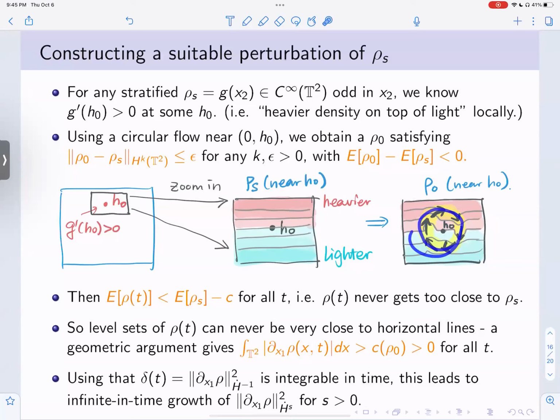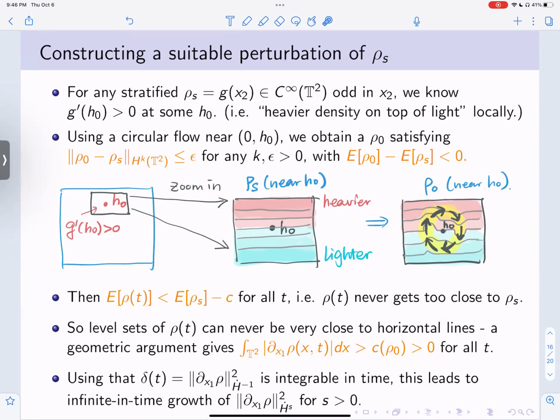And it's easy to show that after tweaking it, the initial potential energy is strictly less than that of rho s. Okay, so what does that mean? Well, rho s is the steady state, so its potential energy will stay forever at the same value for all time. And if we already have some initial state whose potential energy is strictly less than that, then it can only go down as time goes on, right?